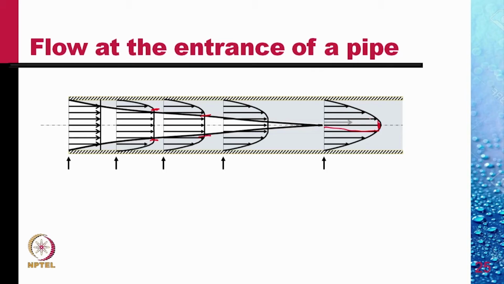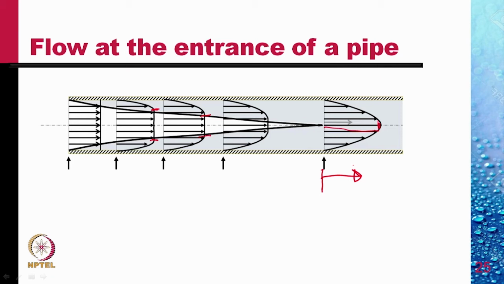In this picture, the shaded area is the area that has been affected by viscosity. The remaining area is unaffected area. It's called the core area. After this length, the velocity profile does not change. And we say that the flow is fully developed.